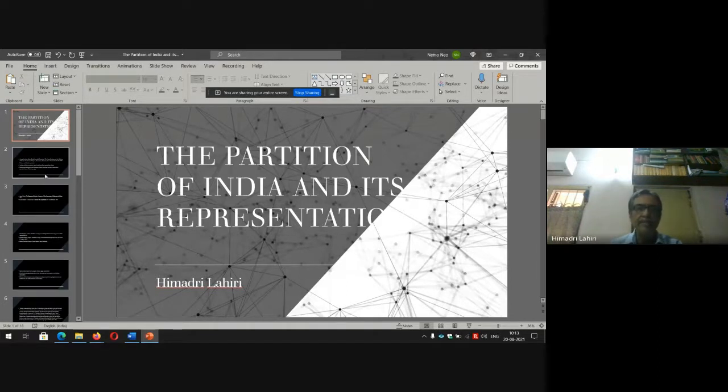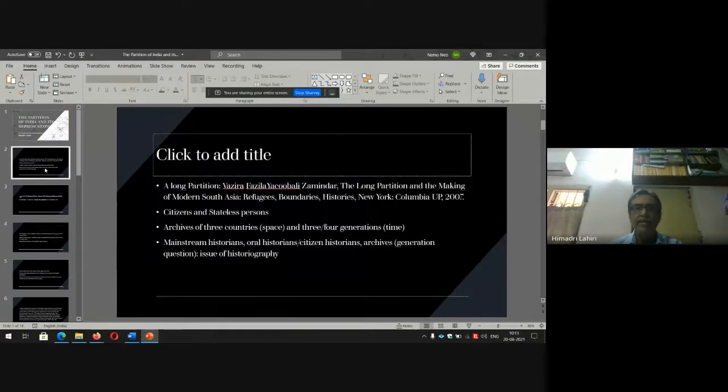So please keep in mind that representation is not a very innocent kind of term. It is informed by some kind of ideology, and ideology, as you know, is also informed in its own turn by the locales, by the status of the person, by the ethnicity, religion, religious background, etc. So from all these points of view, we will look at the event of the partition of India.